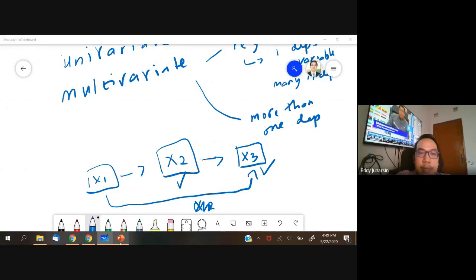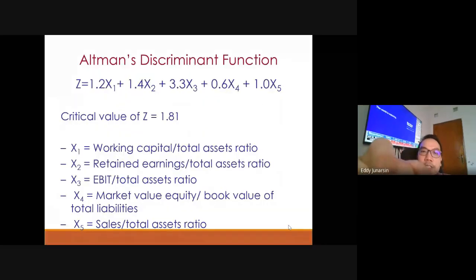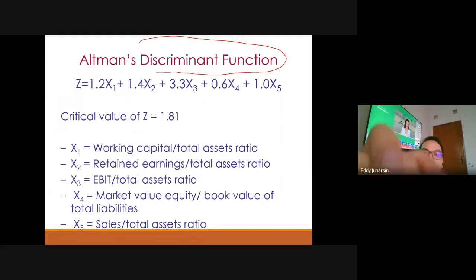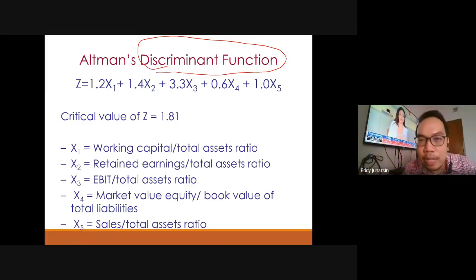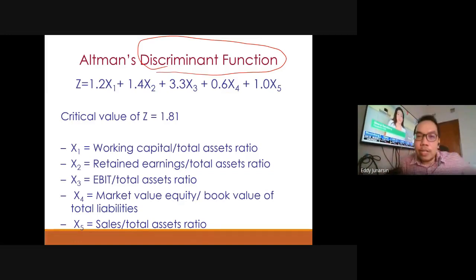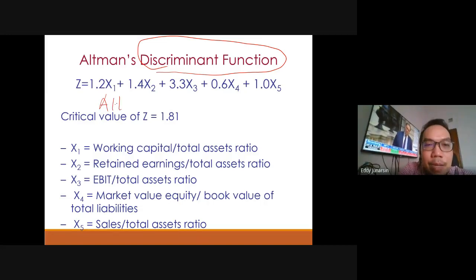And one of them we'll see here, we call it discriminant function, the discriminant analysis. So this is a multivariate statistical technique, but not purely the simple regression method or OLS method that we just saw. Right. So there was a guy named Altman. It sounds like a German name, right?